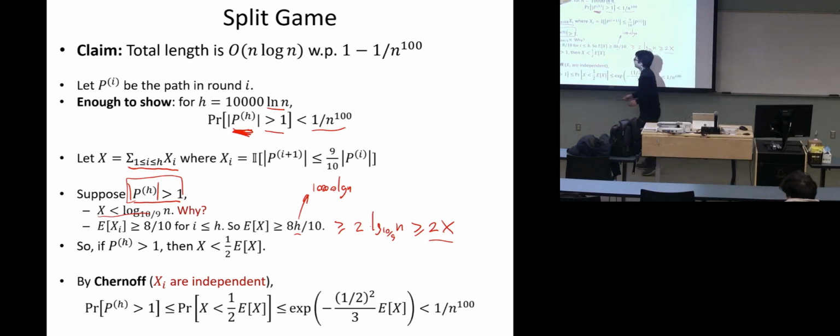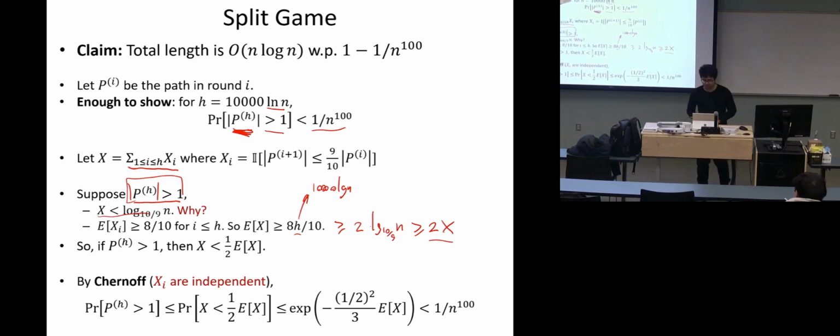If this happened, then this must happen. So the probability that this thing happened is at most the probability that this thing happened. But the probability that x deviates from expectation by a lot must be exponentially small. So just plug in the Chernoff bound, and then you get this thing.